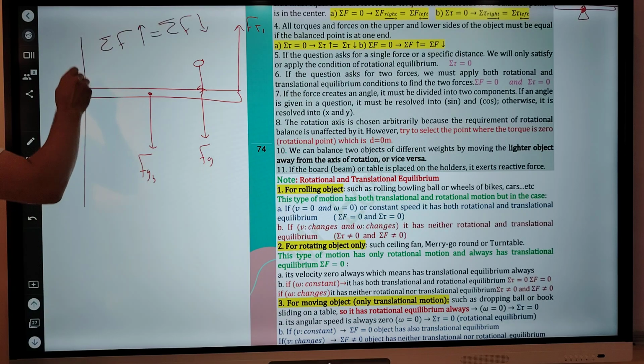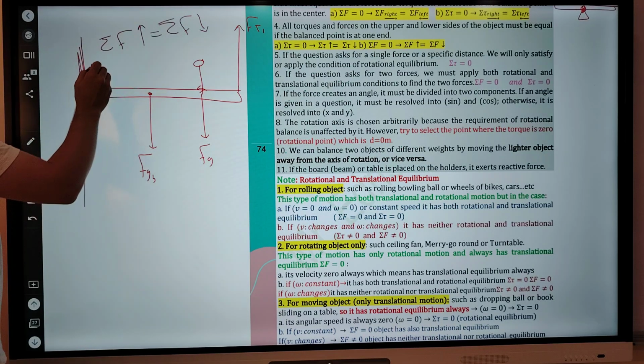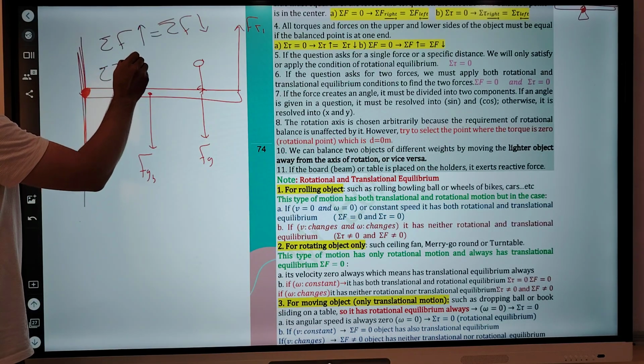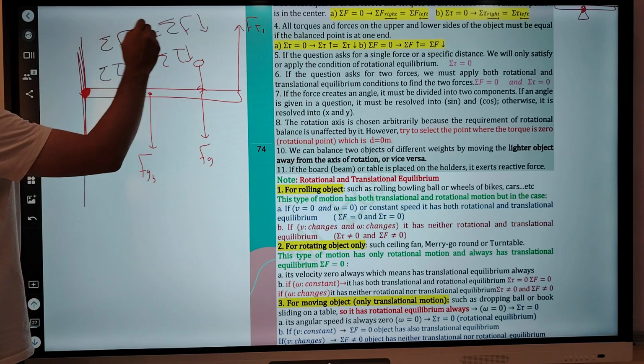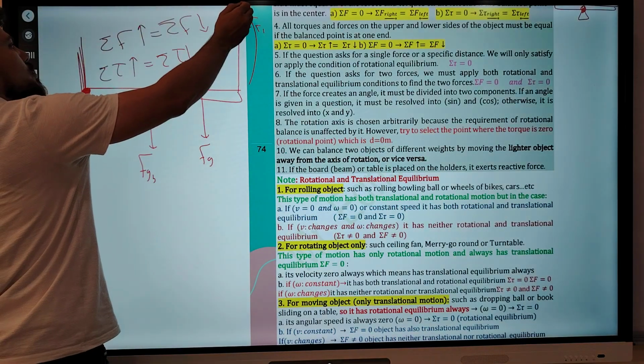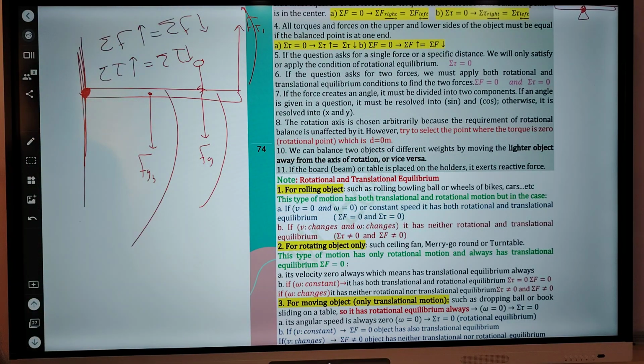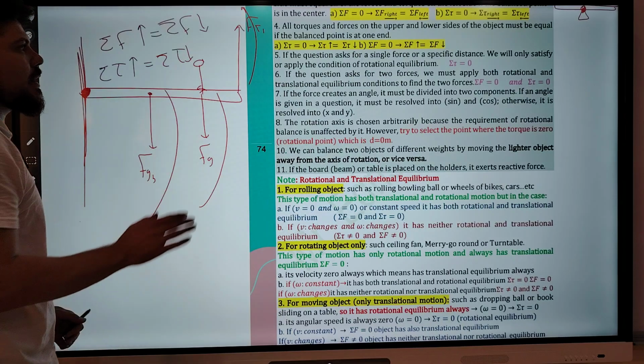Why? Because the axis of rotation is located at the end, and all upward torque is equal to all downward torque. We have only one upward torque and two downward torques. Okay?